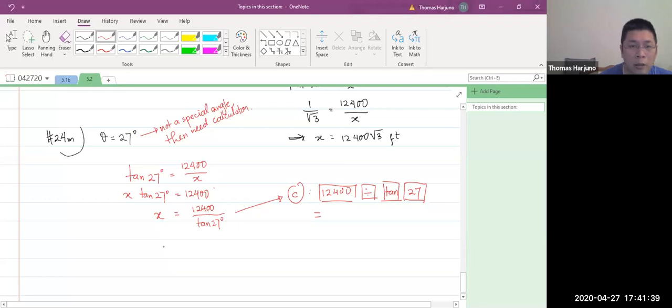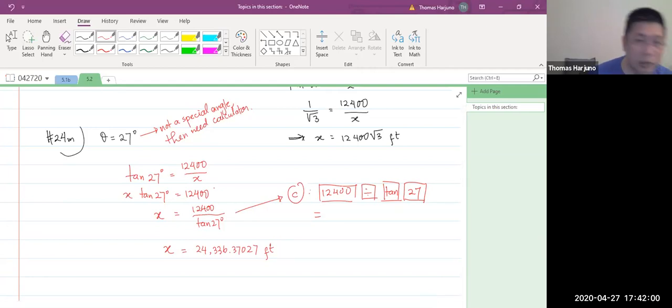I get x equals 24,336.37027 feet. Just like before, round your answer to 5 decimal places.